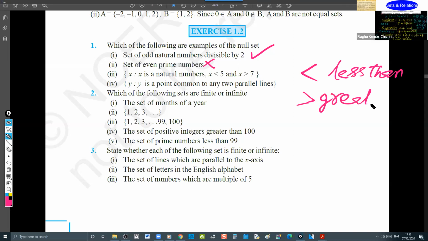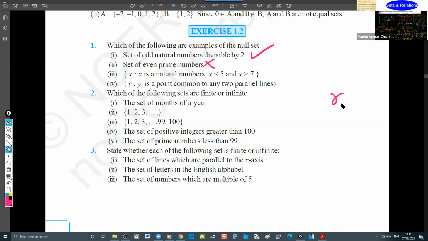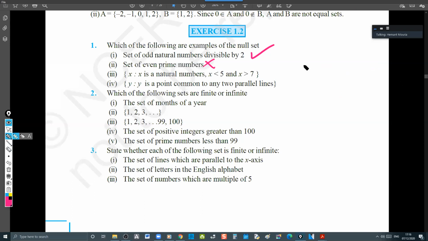Okay, now read it again. X such that x is a natural number, x less than 5 and x greater than 7. So this is a null set. Good. Next. Y such that y is a point common to any two parallel lines. So even this is a null set, sir.